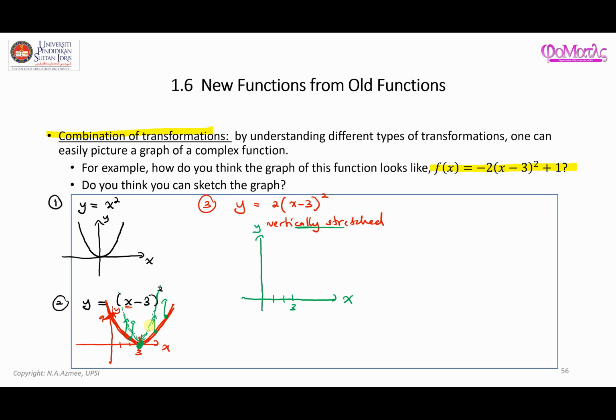So it has the same shape, but if you see this, it is not as wide as the previous graph. And we can say that the new intercept is going to be at 18, because the previous value is 9. So when the value is 9 times 2, it's going to be at 18. So it's going to be looking like this. Let me just redraw this.